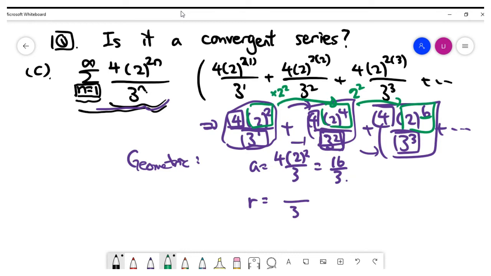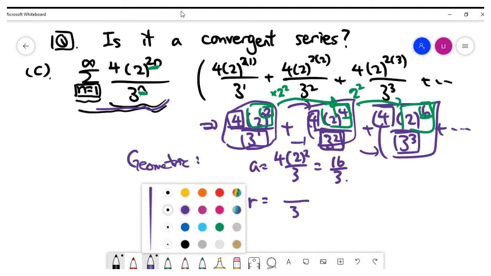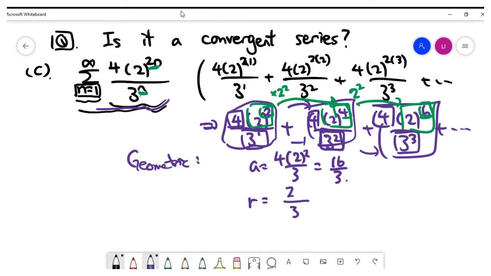Or the other way to read it from here: this constant to the power n essentially means that you have to multiply by 3 to get to the next term. And this constant to the power 2n means that the pattern of the power is changed based on the 2n, which means you have to increase by 2 every time. So anyway, it essentially means that the ratio has 2 squared.